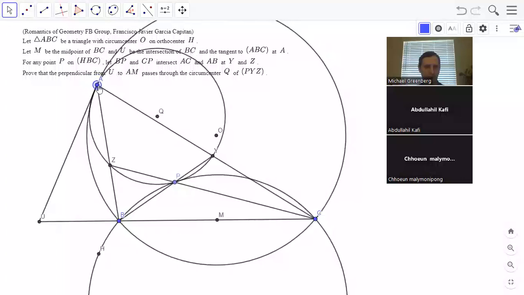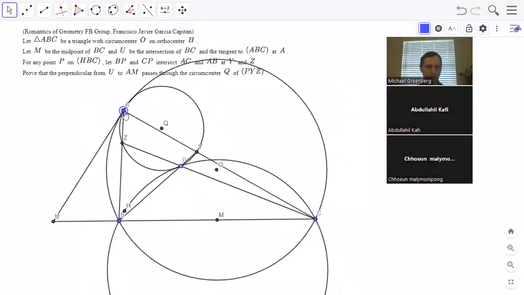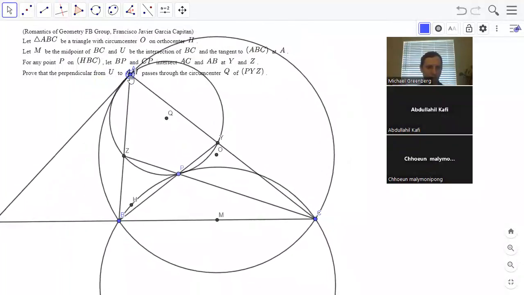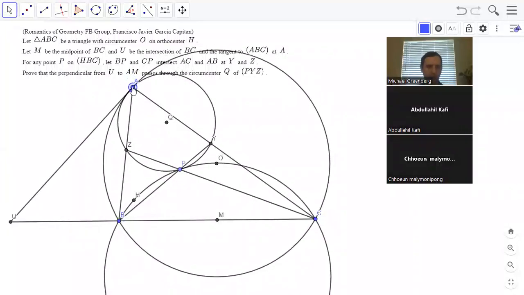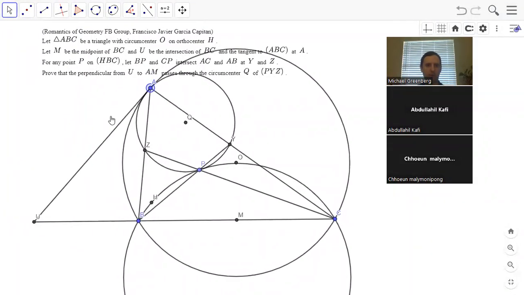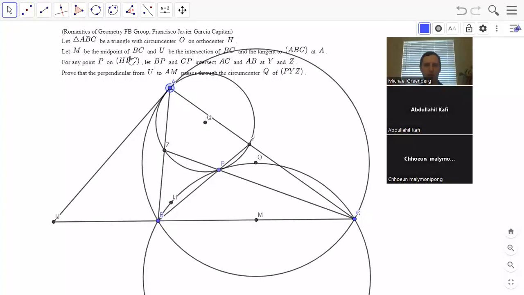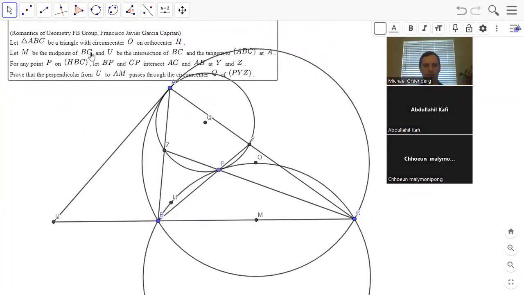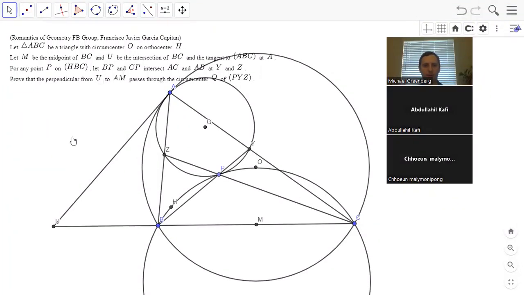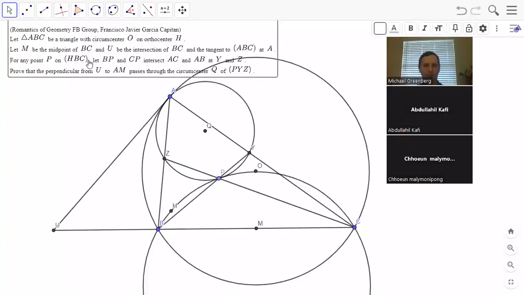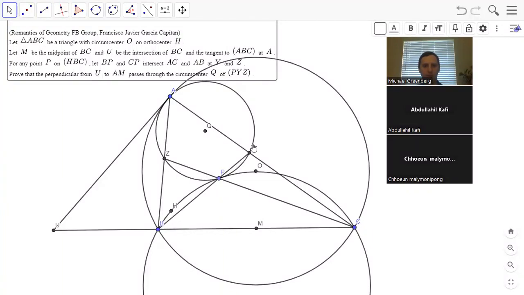I think it's going to be a little tricky to see no matter what. But just remember that UA is not tangent to the small circle, it's just tangent to the big circle. So the reason why it's easy to see that AZPY is cyclic: angle ZPY is angle BPC, which is angle BHC.